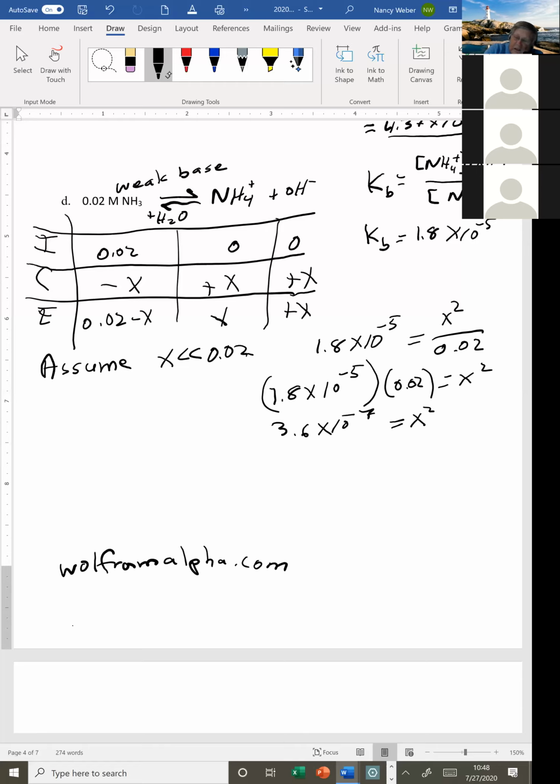And then 6.0 times 10 to the minus 4 molar equals X. And that X is going to be the hydroxide ion concentration.